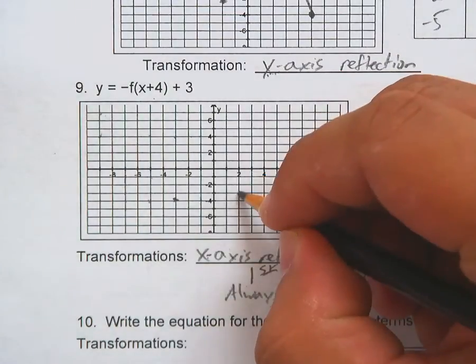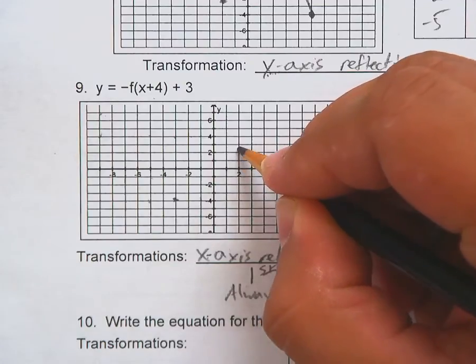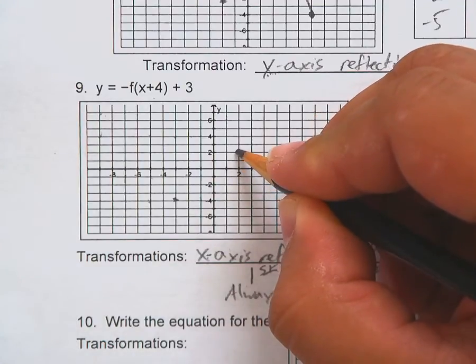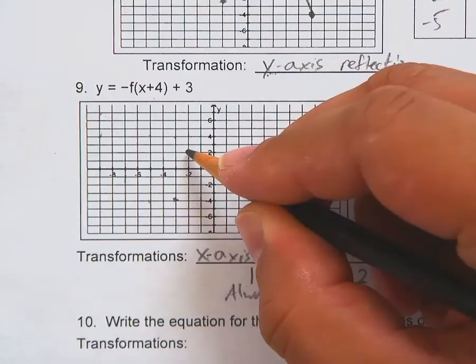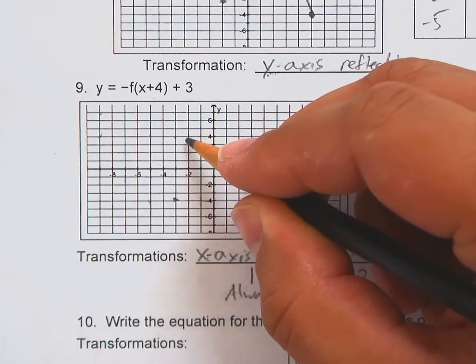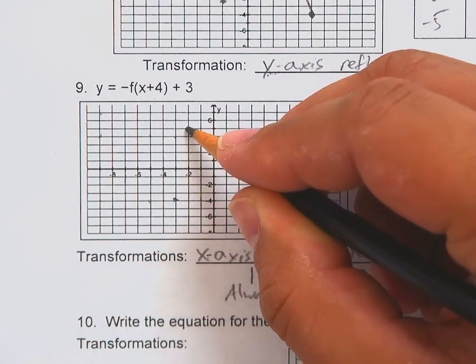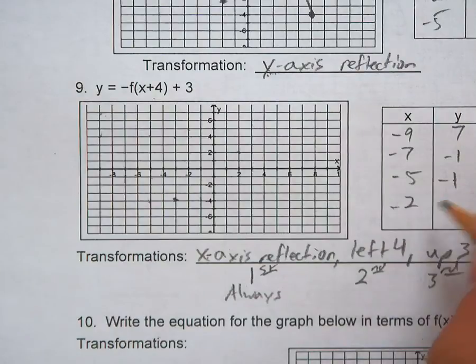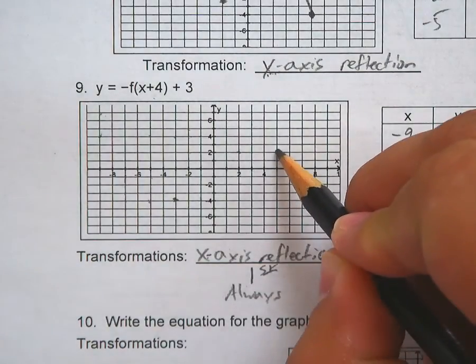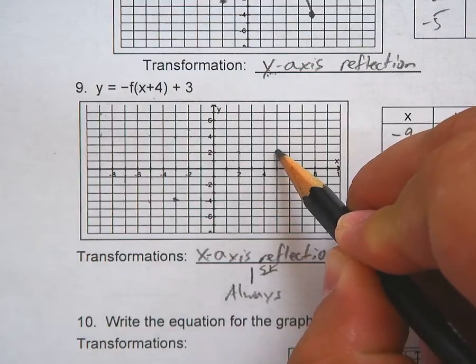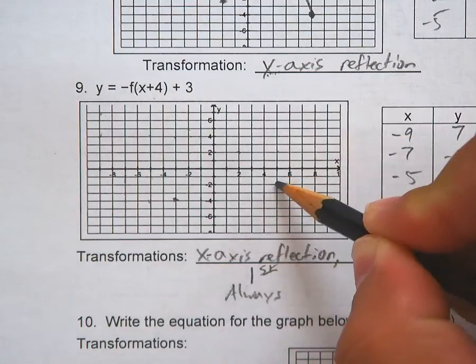2, negative 2. X-axis reflection, so now it's up here. Left 4, up 3. Negative 2, 5. My last point, 5, 2. X-axis reflection.